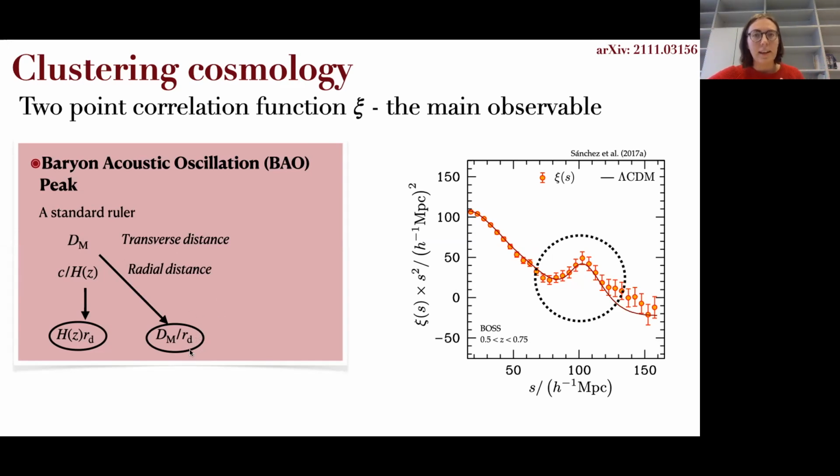This is something that clustering analysis does not really constrain on its own, so we do have to impose a somewhat informative prior. However, the width of the prior that we use is, I think, something like 25 times wider than the Planck constraint, if I remember correctly. So that's what serves as a way to measure the sound horizon distance, and through that, we are able to constrain H naught through measuring the BAO.